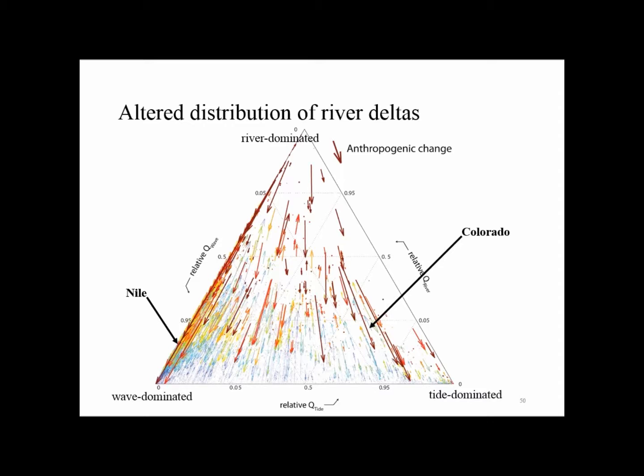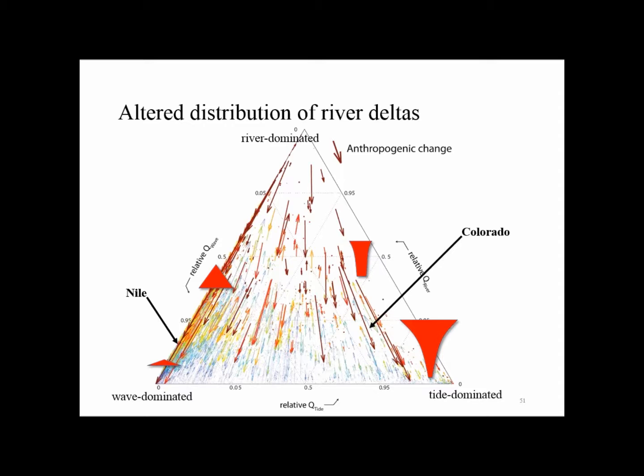One very important aspect of this that sets this apart from the descriptive study by Galloway is that we have a very specific prediction of the shape for all of these deltas and how they're expected to change. For example, the Nile, these are supposed to be my PowerPoint sketches of deltas. The Nile goes from a very pointy delta into what we predict will be a lot less pointy delta.